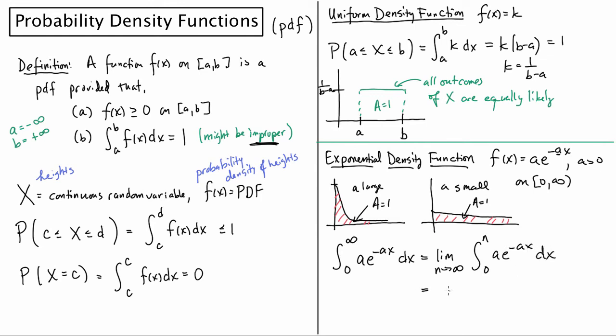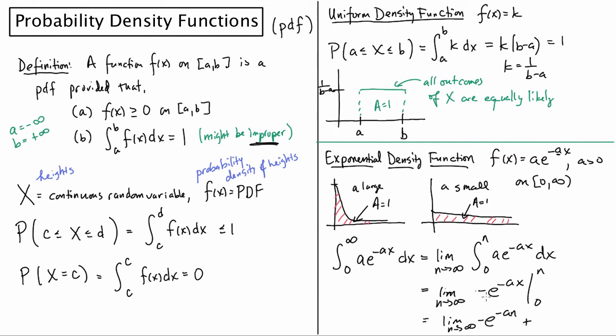If we do the antiderivative here, we're looking once again at the limit as n goes to infinity of negative e to the minus ax from 0 to n. And now we're almost ready to take the limit. So we're going to evaluate this at 0.